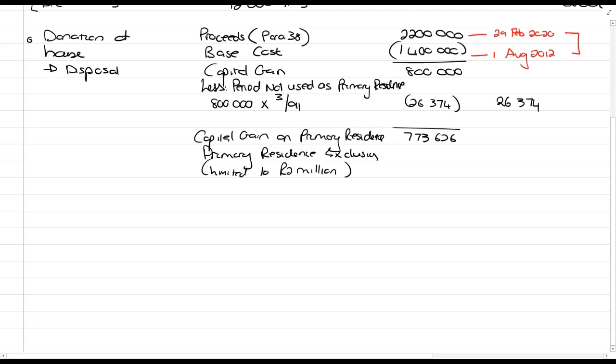The full 2 million is available, guys. You don't apportion this one. Please don't apportion it. And I'm just reminding you that this is paragraph 45. So that full 773,626 will be eliminated. So that gives us our capital gain. There we go.